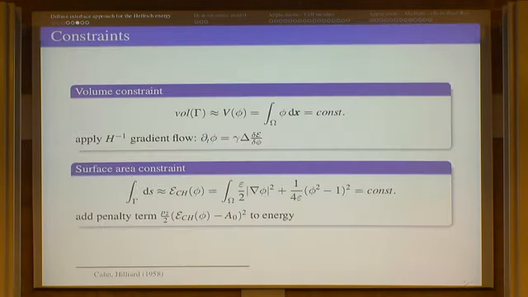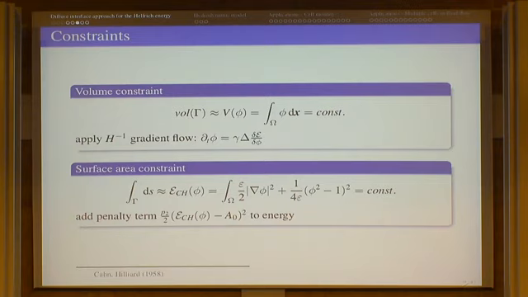Okay, but now we have to deal with our constraints. So we first have to translate it into our diffuse approximation. The volume of the cell interior can then be approximated by integrating over phi, and then we set it constant.